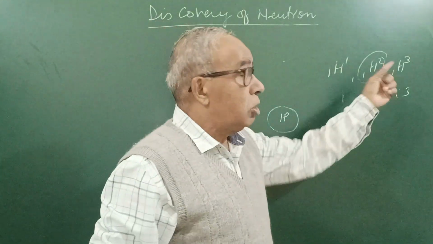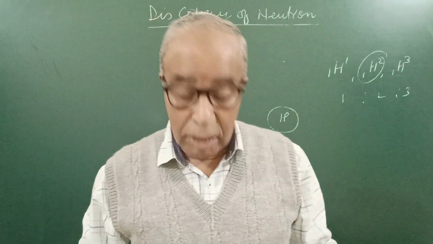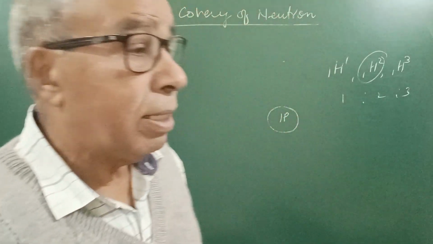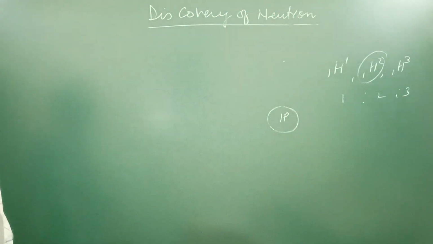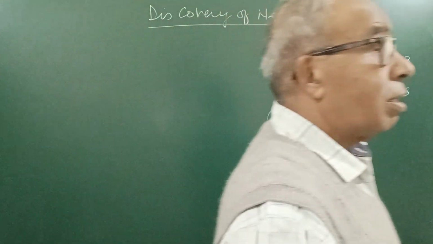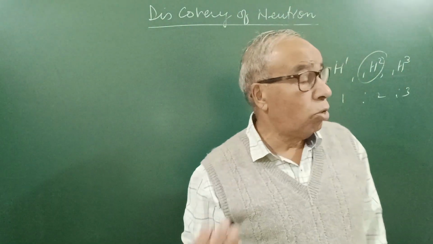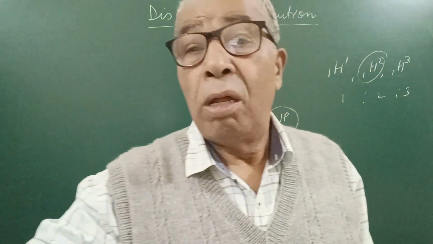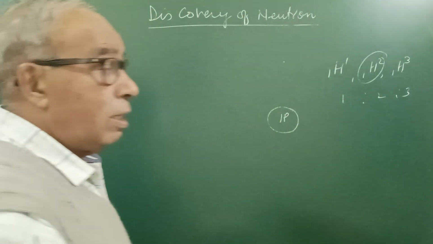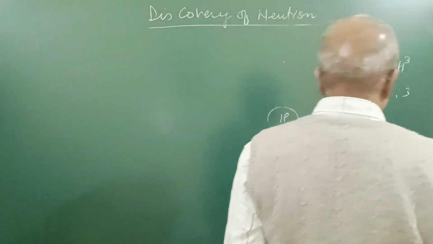This discovery that the atom has positive and negative charge was in 1898, and Bohr gave the model of the hydrogen atom, the Bohr theory, in 1911.